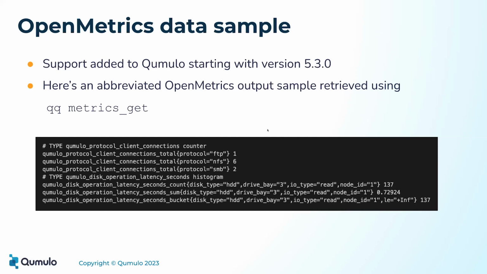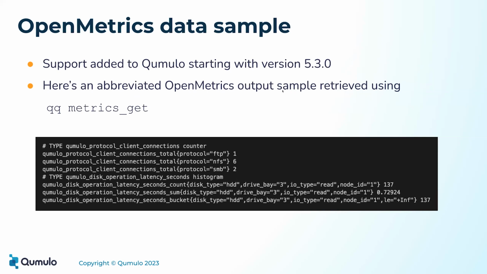So here's a sample that you can get yourself of the data that is available through OpenMetrics in Qumulo. Support for the OpenMetrics API was added in version 5.3.0 and above. So if you want to follow along with this next step, it is not going to work if your cluster is not running this version or above.